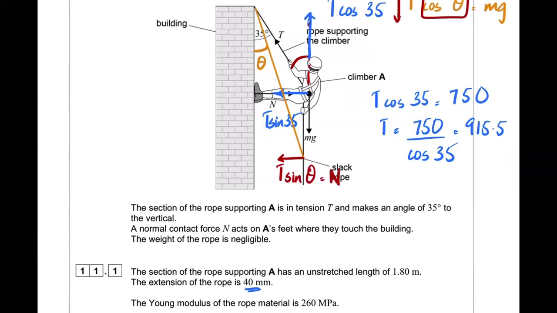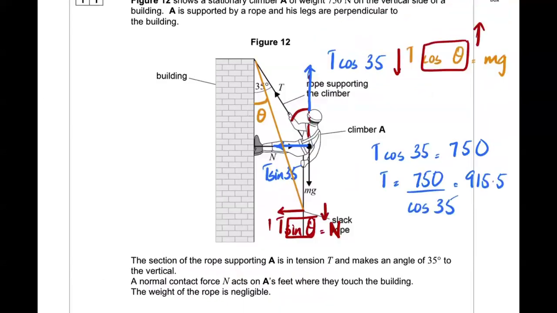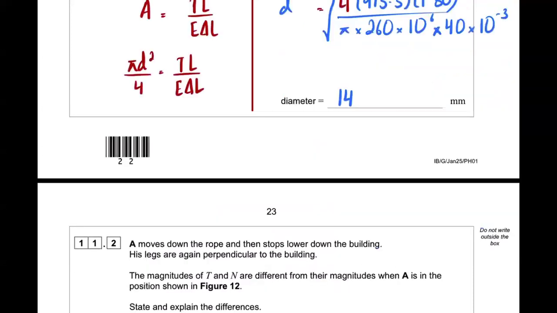If theta decreases, sine theta also decreases, and T was also decreasing, so n will also decrease. So this is how we explain this.